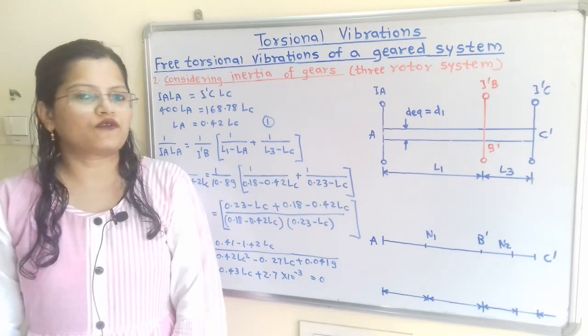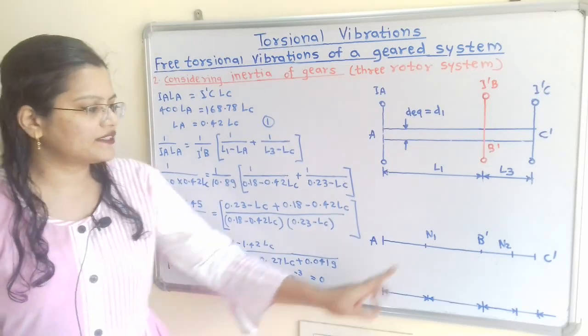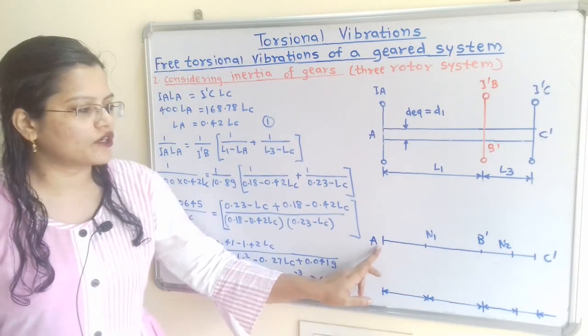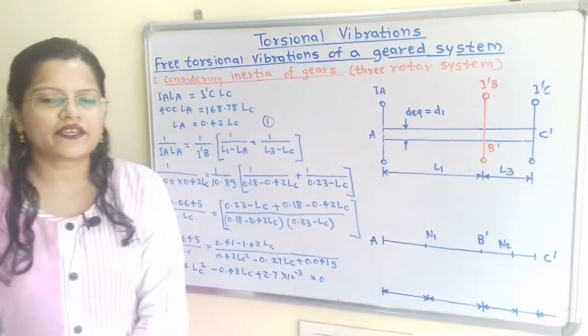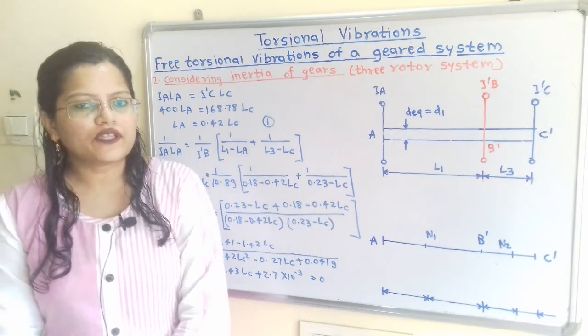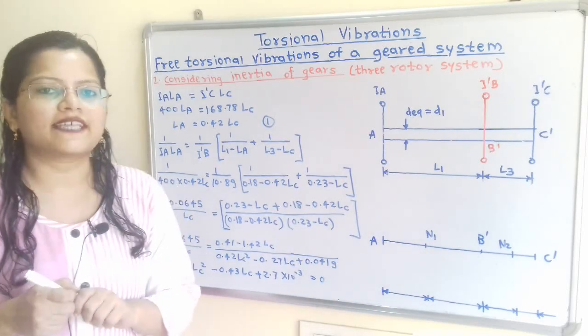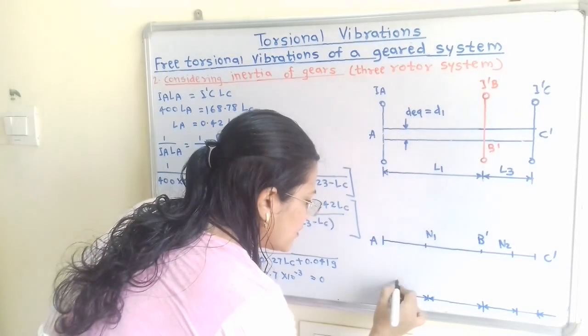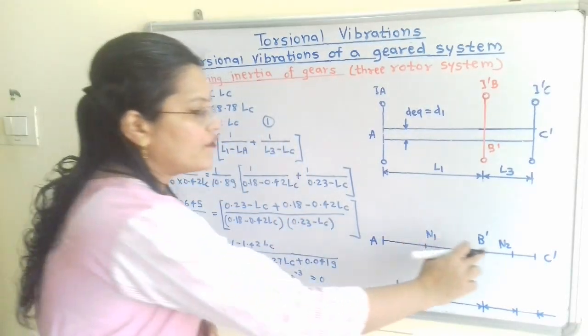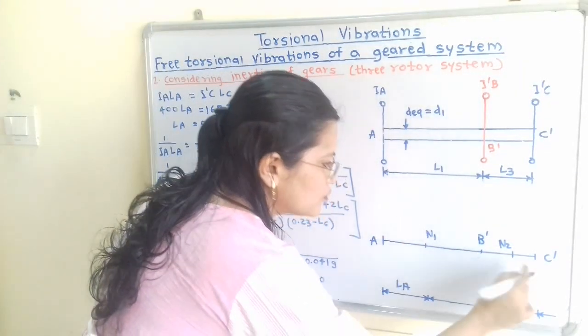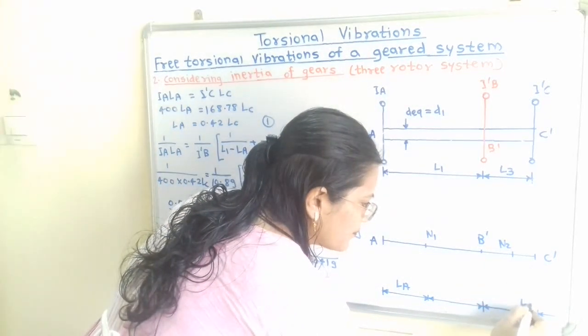Now we will find out the distance of the node points N1 and N2 from the rotor A and C dash in the equivalent diagram. So we know that the distance of N1 from rotor A is known as LA. So we will show here, and the distance of node N2 from C dash is known as LC.